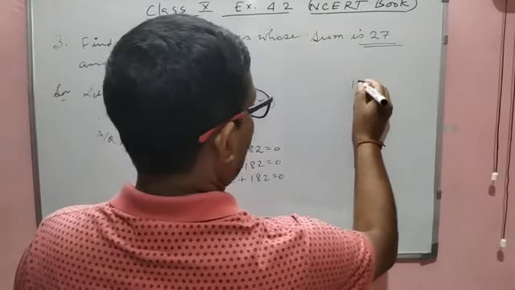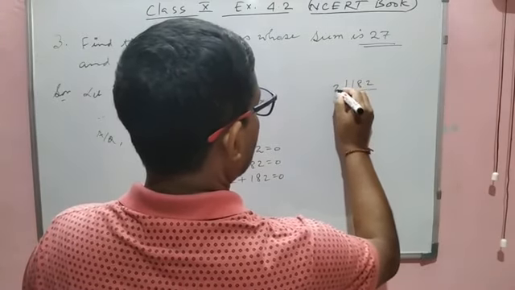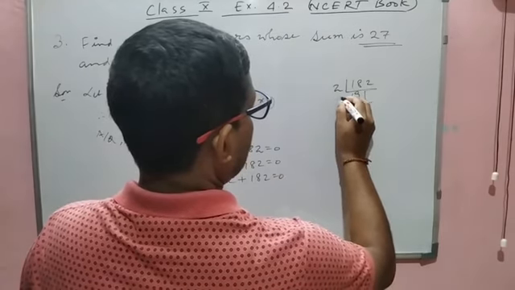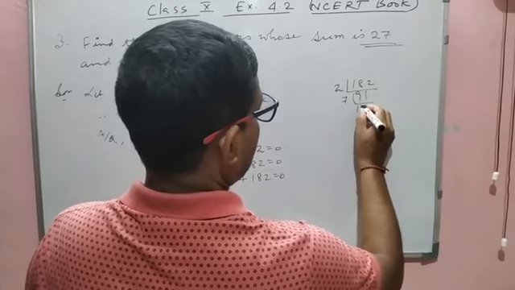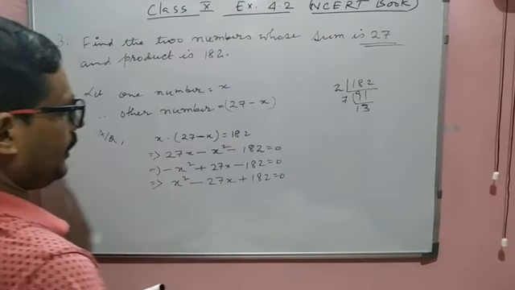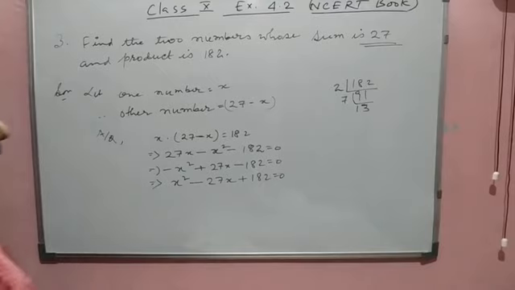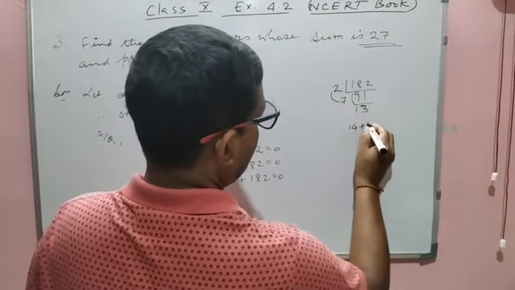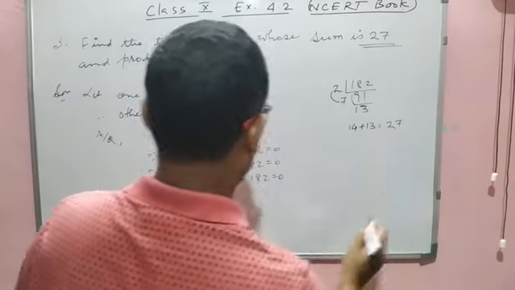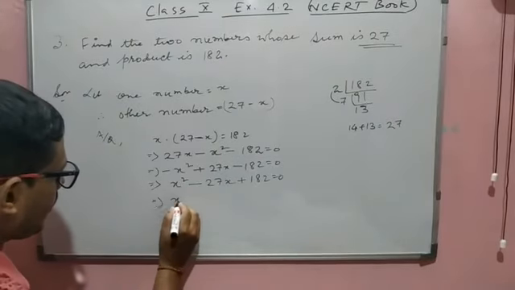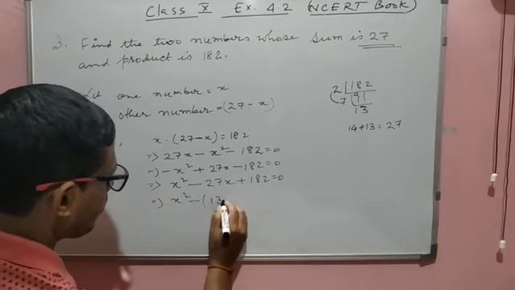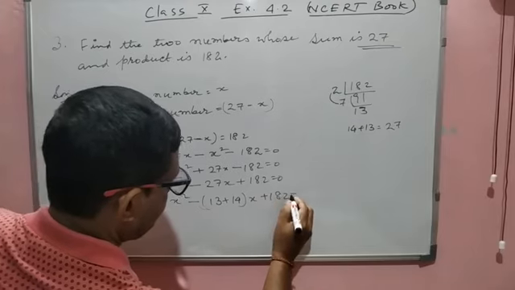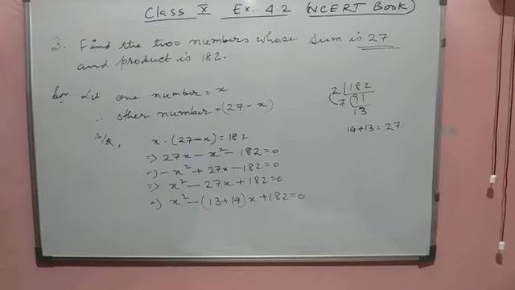Let us factorize 182: that can be 2 times 91, again 7 times 13. But we need here 27, so you see here, 2 times 7 is 14, and 14 plus 13 equals 27. So we can write x square minus 13 plus 14 whole into x plus 182 equal to 0.